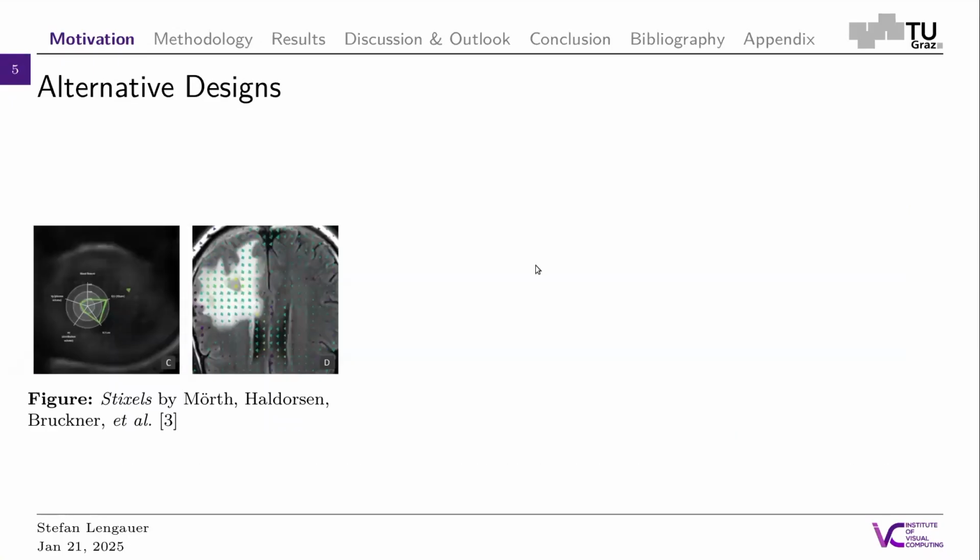Then of course we also looked into literature where we found quite interesting ideas. One closely related concept is, for example, this Sixtel idea by Mert et al., which uses a spider chart marker for multivariate data in also a small multiple visualization, and also overlaid over medical images. So quite interesting.